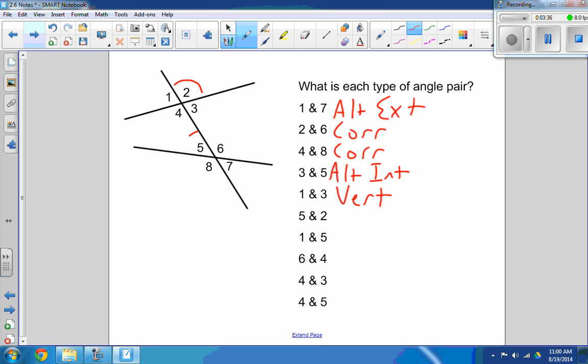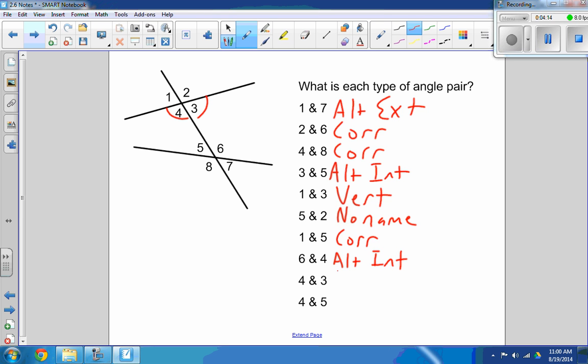Angle 2 and 5. We have no name for that. Angles 1 and 5, corresponding. 6 and 4, alternate interior. Angles 4 and 3, again, it's not something from this lesson, but we know it from past.